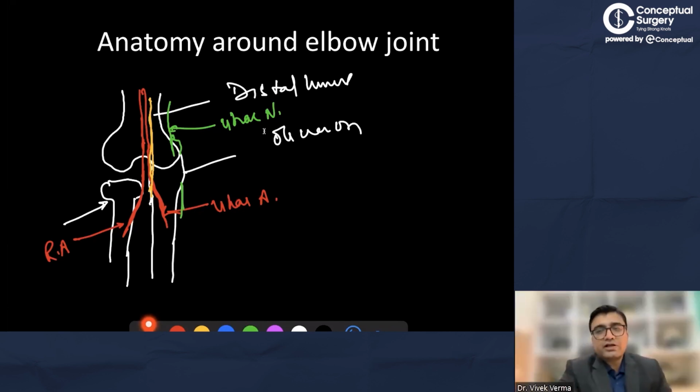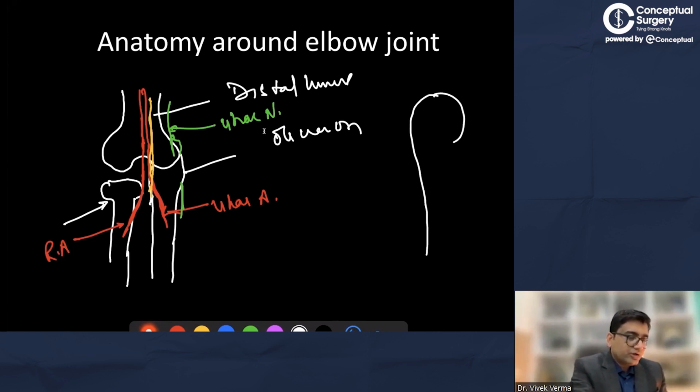No, actually, when it goes down from the cord, suppose this is your humerus and this is your distal humerus. Somewhere here, when the radial nerve starts dividing, it goes behind the humerus in the radial groove and comes out anteriorly, right?